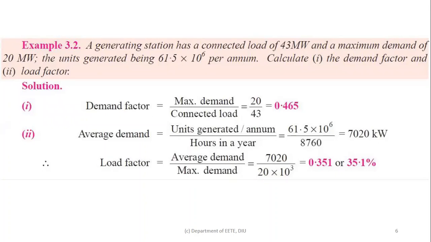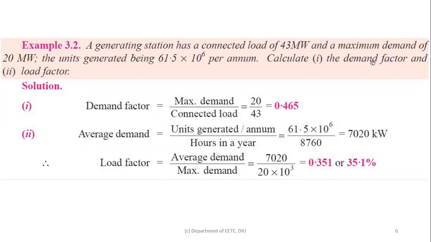We have to find two things: calculate the average load, and calculate the demand factor and also the load factor. At first we need to write the equations, then we will see what is missing and what is given.